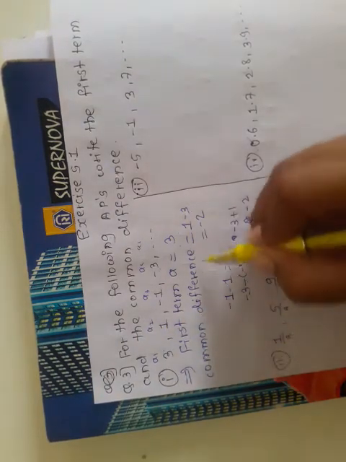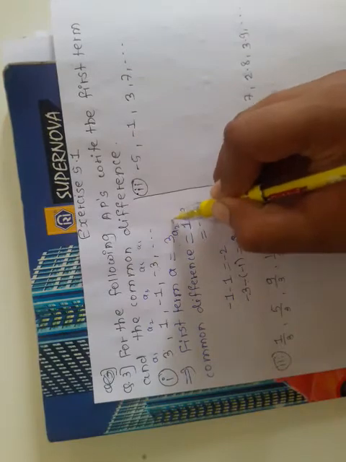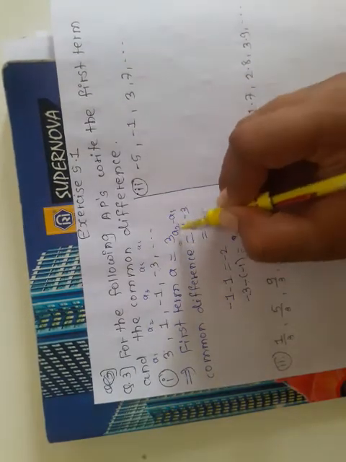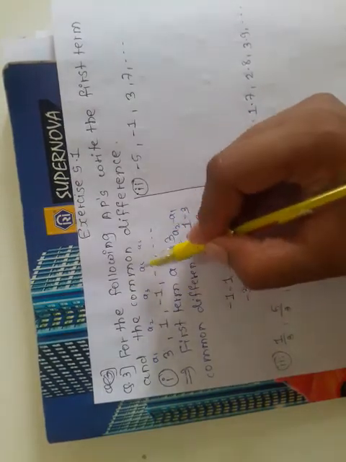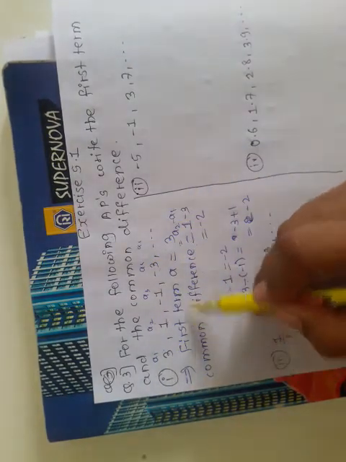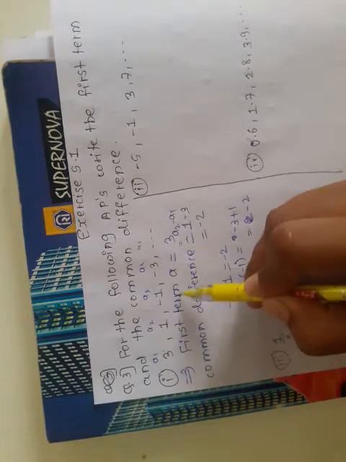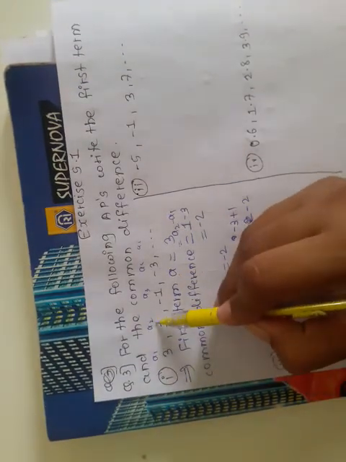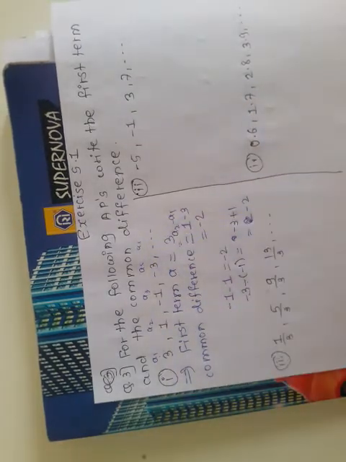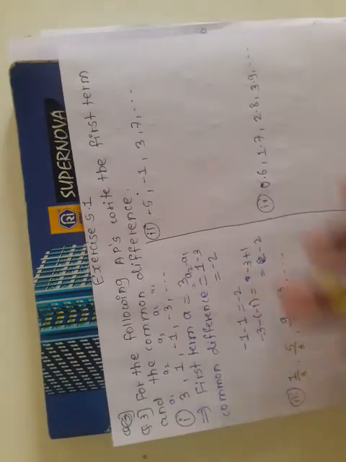So the common difference we take as a2 minus a1, or a3 minus a2, or a4 minus a3, or a5 minus a4, like this. Now our first term is a. We denote our first term as a, but in general form we can write it as a1, a2, a3, a4, a5. So remember this thing again.